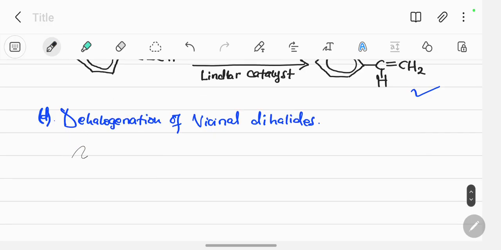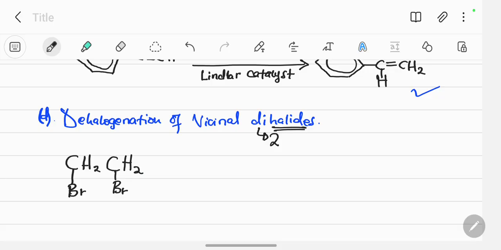An example is CH2Br CH2Br. At this point, I think you're all well conversant with this word halide. If it's di, then there are two halides.